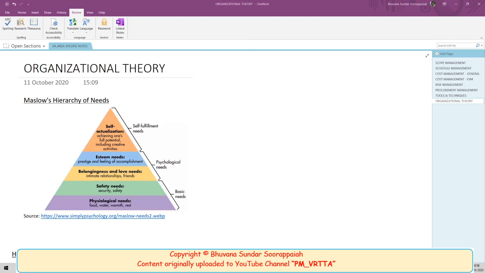For example, you feel happy that you did not just do what you were told, but rather what was needed. Willingly you took up the risk and responsibility, basically ownership. So this is esteem.